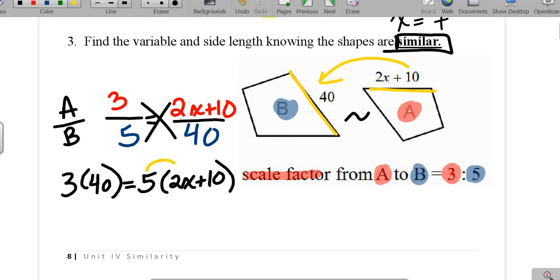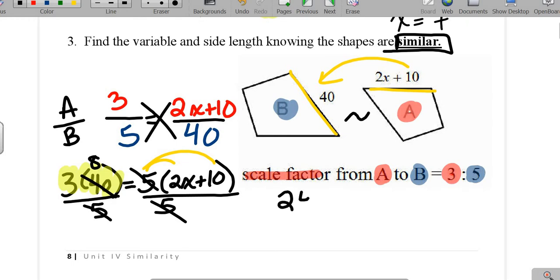At this point, you are welcome to distribute and multiply if you choose to. However, I'm going to use a shortcut by dividing out that 5 without distributing. And then I'm going to take that 5 into the 40 and get 8. So on the left-hand side, I have 24 equals 2x plus 10. We're going to solve here.